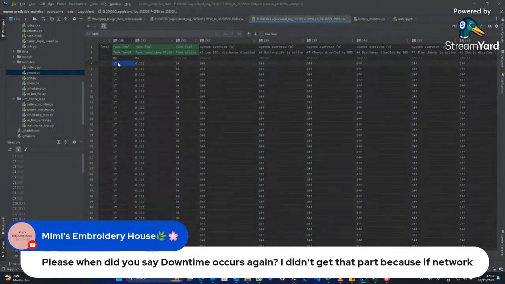In this case, it's 17 meter cube. The tank remaining fluid here is 0.111, which lets us assume that the tank is almost empty, because if the tank were full, the tank remaining fluid would equal the tank level, which is 17 meter cube.